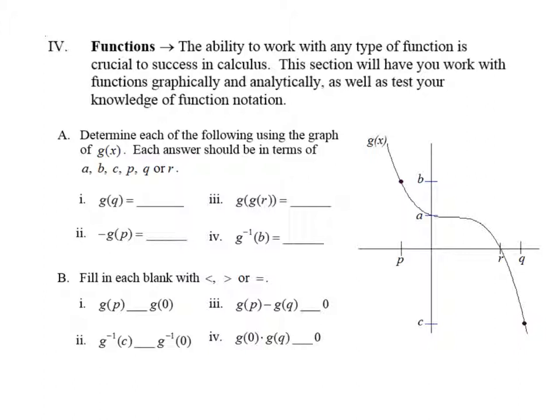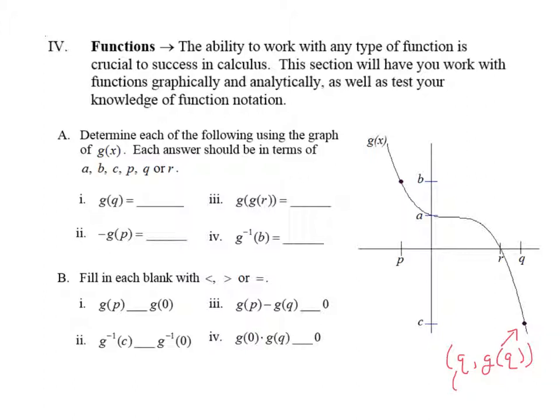So if you look at the graph, we could label this point right here, which has an x-coordinate of q, and what is its y-coordinate? Well, its y-coordinate is g of q. In other words, the y-coordinate is the value you get after you plug q into g.